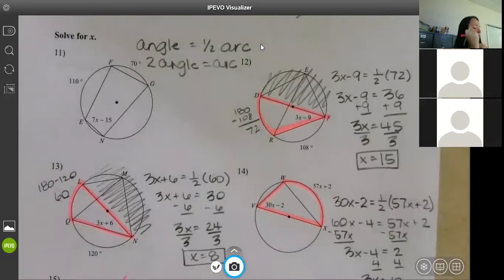The 7x minus 15 is at angle E. I do need to find G to N. How could I do that?